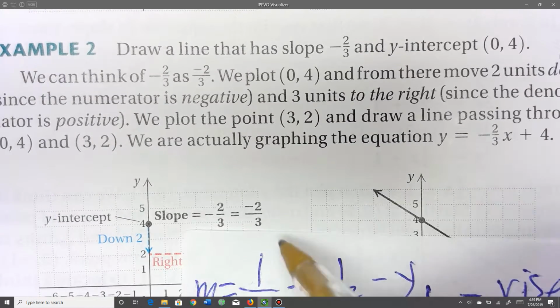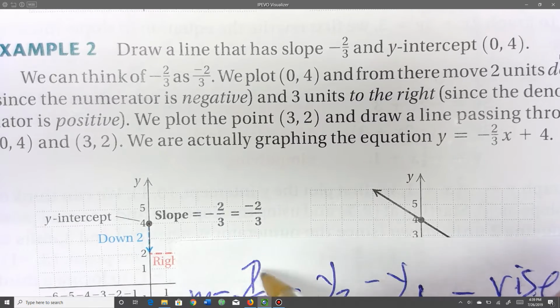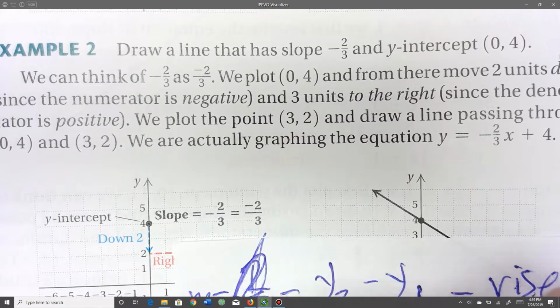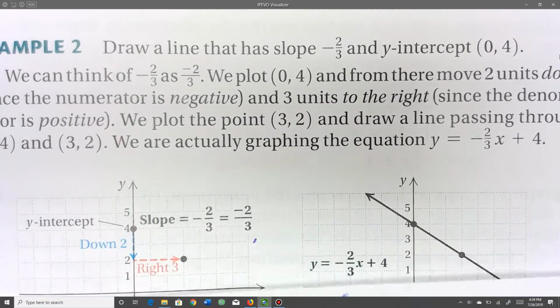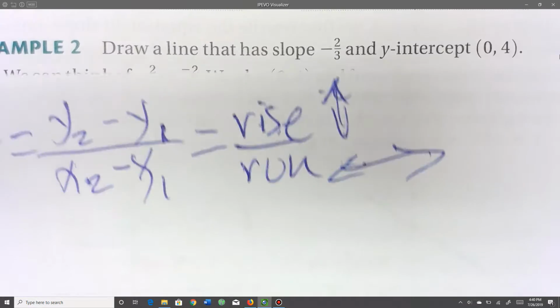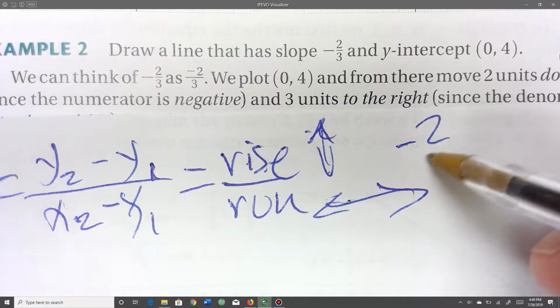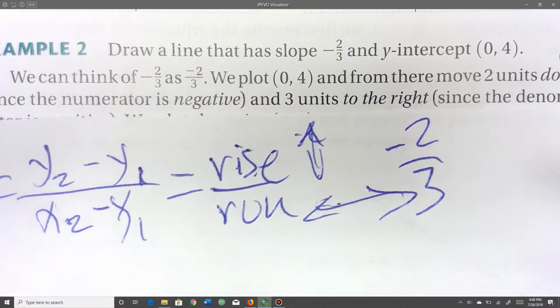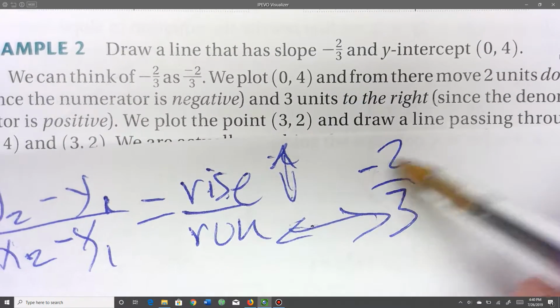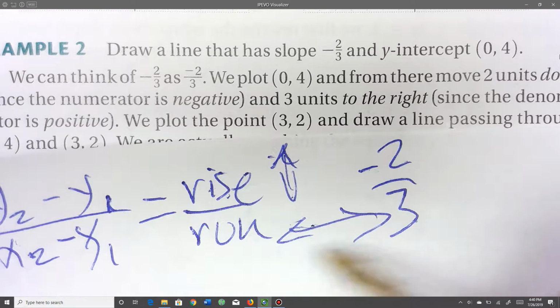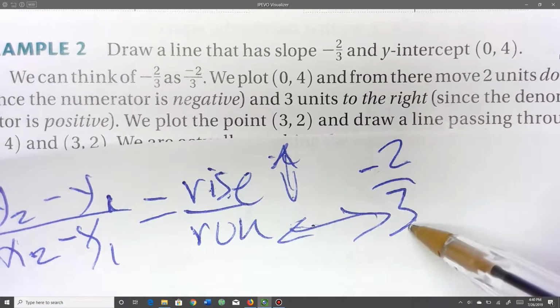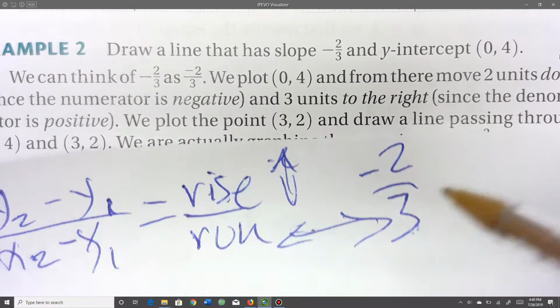Let me rewrite this over here to the side: -2/3. All right, -2 is my rise, 3 is my run. Or -3 is my rise and +2 is my run.